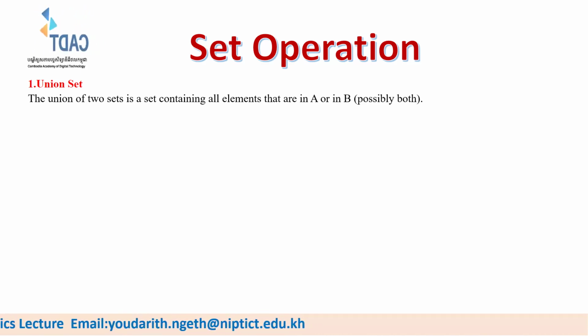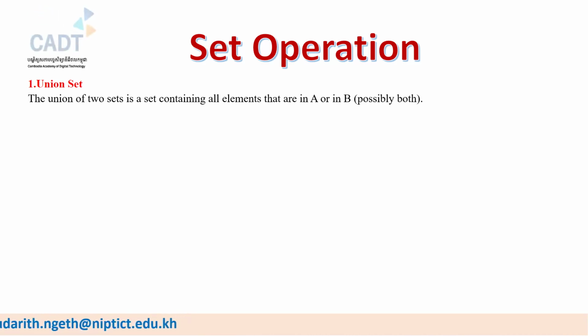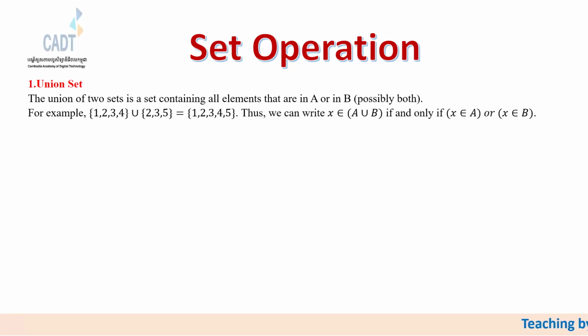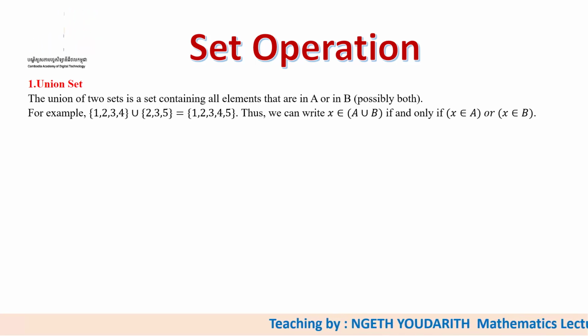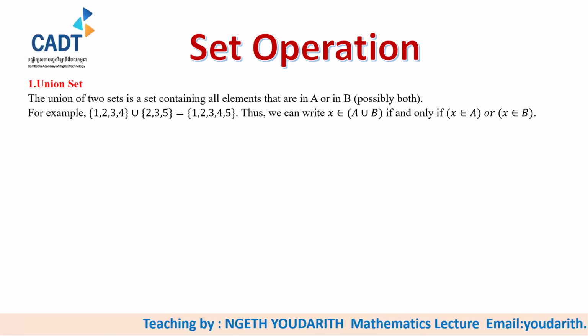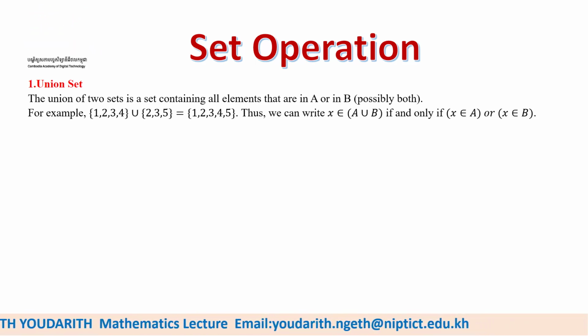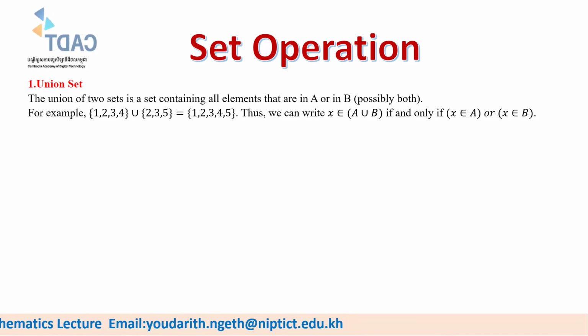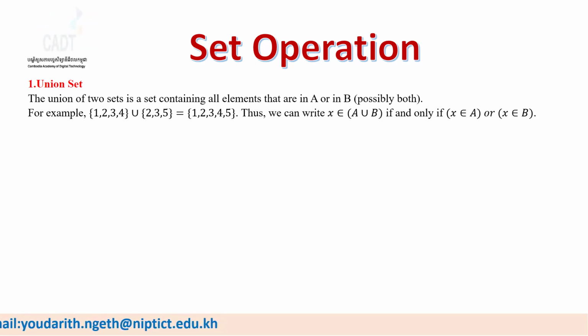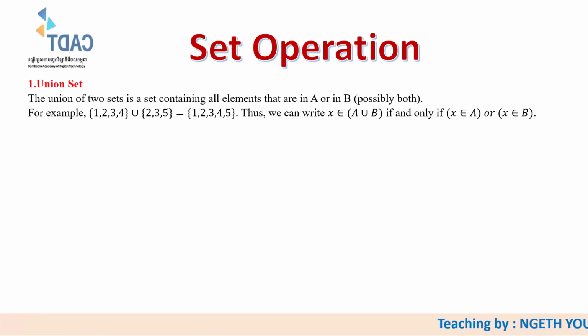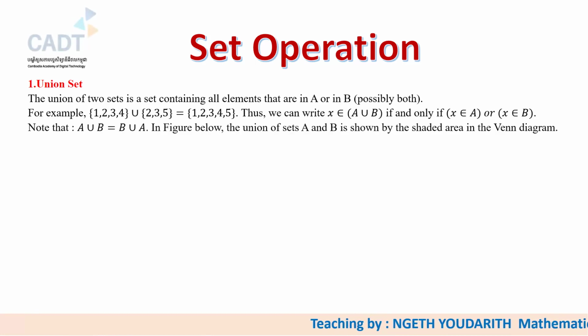For example, 1, 2, 3, 4 union 2, 3, 5 gives 1, 2, 3, 4, 5. Thus, we can write x belongs to A union B if and only if x belongs to A or x belongs to B.